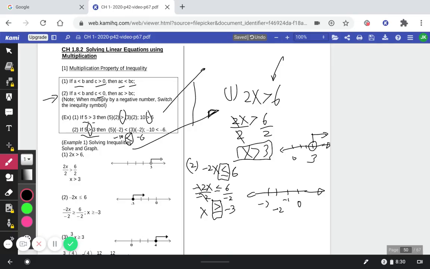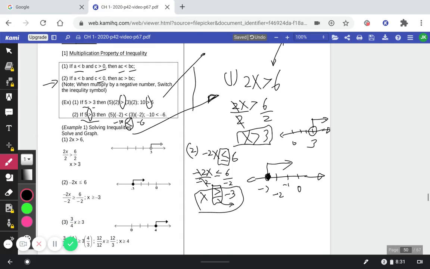So you use a closed circle because you have an equal sign under it. Okay, closed circle. And bigger, larger, means going to the right side. So that's how you graph this particular range of answers in an inequality. Does that make sense?